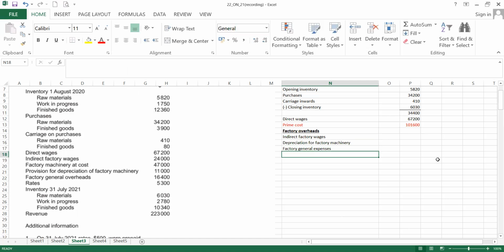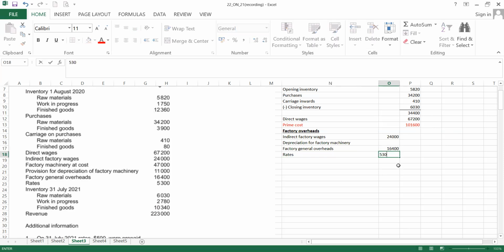What else do we have? We have the rate. Any more? Okay, that's all. So we put in the amounts. After that, we check for any adjustment. So here is 24,000. And then this one we check later for information. This one, factory general overhead, change it accordingly. Okay, here is 16400.